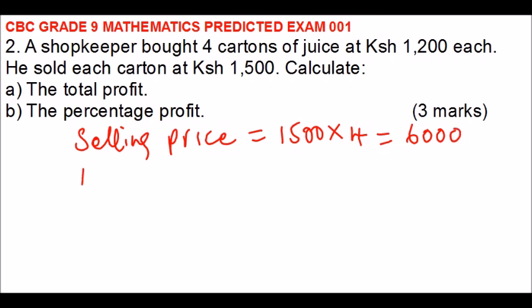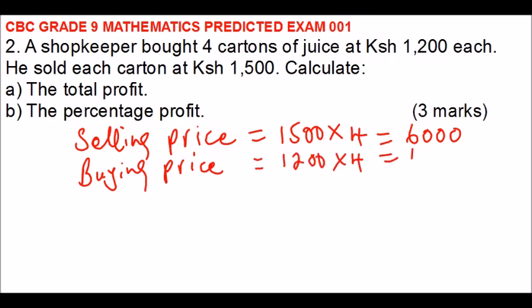Then we look at the buying price, or cost price. He was buying each carton at 1,200. So you multiply by 4, and you get 4,800. You can use your calculator here because you are allowed to use one.